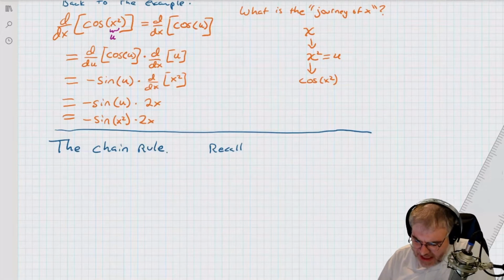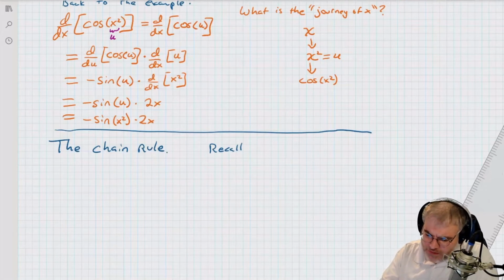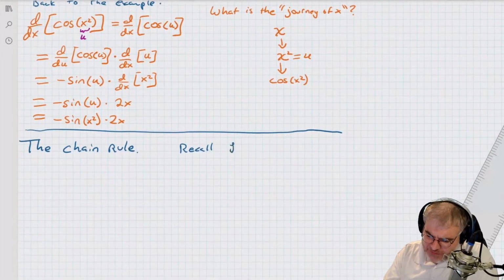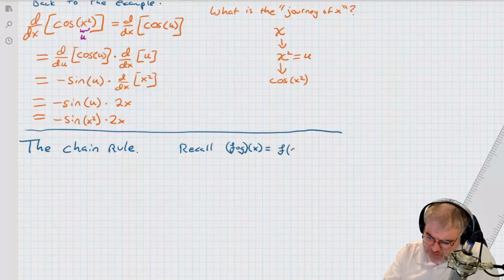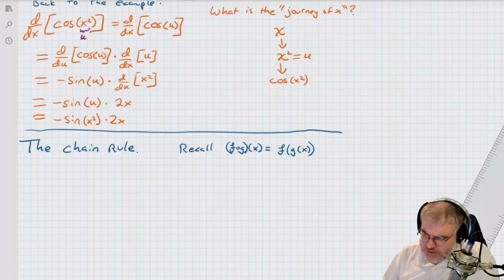All right, so let's state what the rule says formally. The chain rule. Recall that f composed with g of x equals the thing closest to the x, f of g of x. So g happens first.